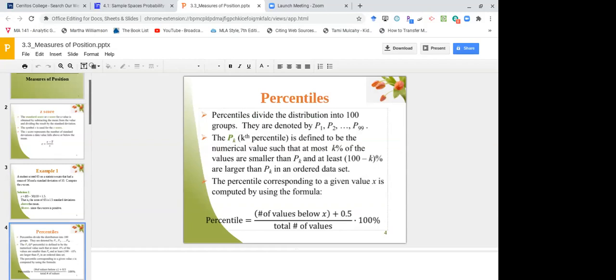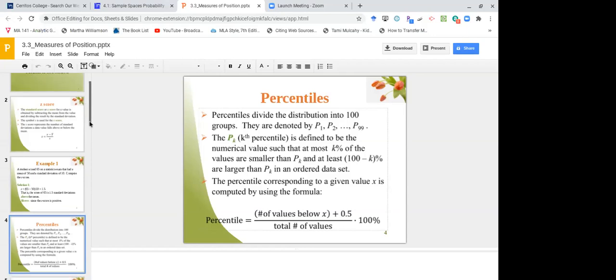You're dividing it into 100 parts. Don't confuse percentiles with percentages. They're similar, but they're not the same. Percentiles are the measures of position. Again, the amount of data at or below you. And you have the formula there for you.